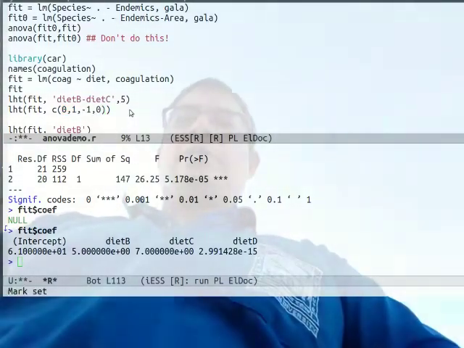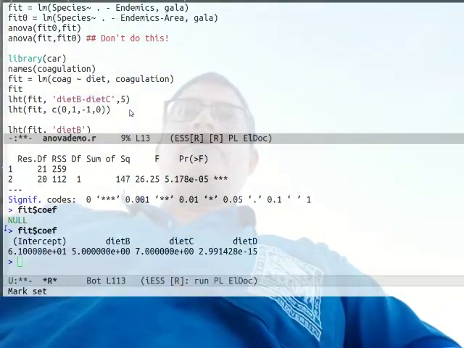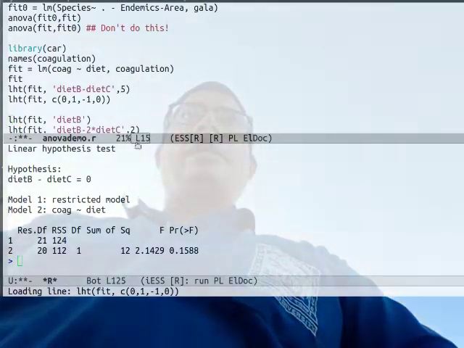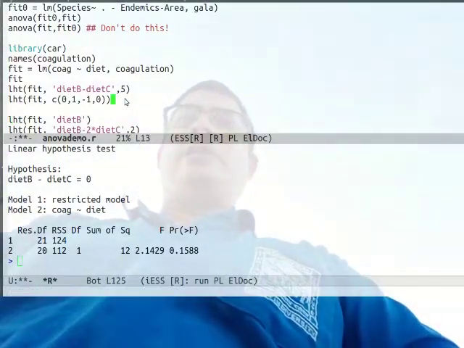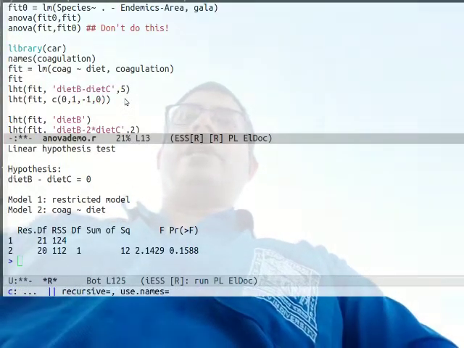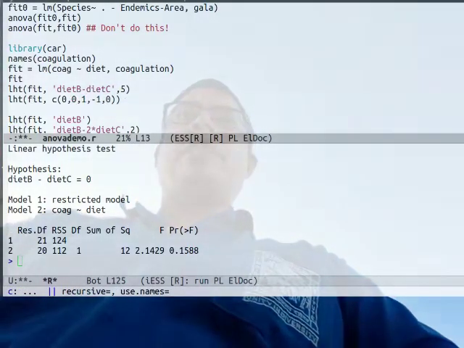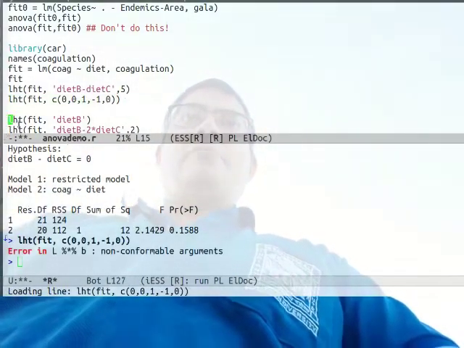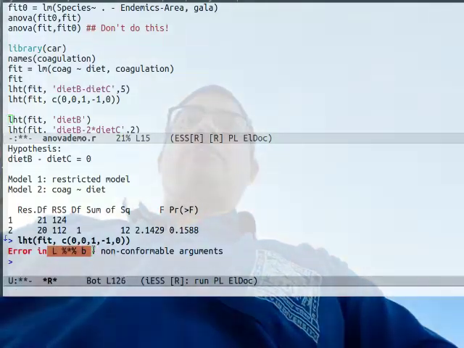I can do the same thing. So that will also give rise to the same result. Now if you make any mistake here, like you make it something smaller or larger, suppose you forget that diet A is dropped and you put a 0 for that, you will get an error message which is not very clear. It says, error in L %*% b, non-conformable argument.